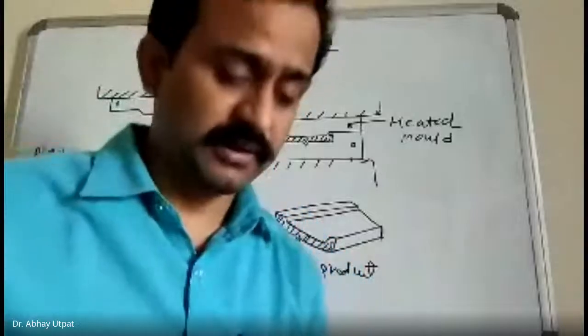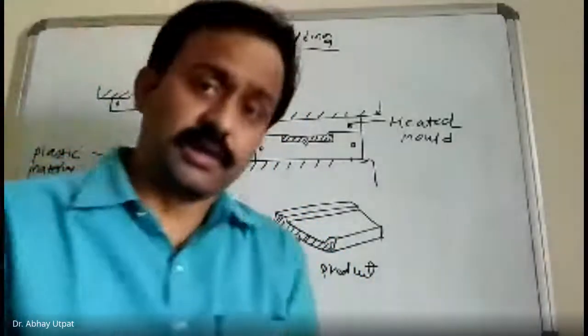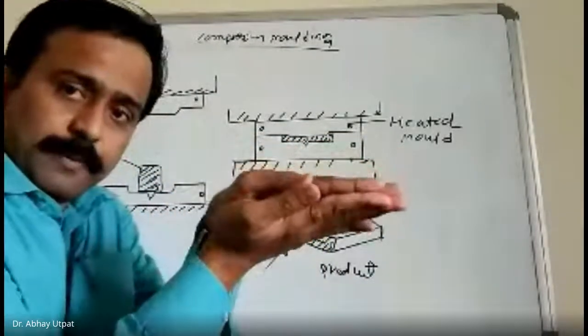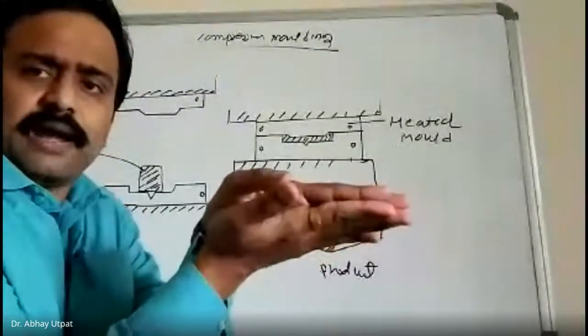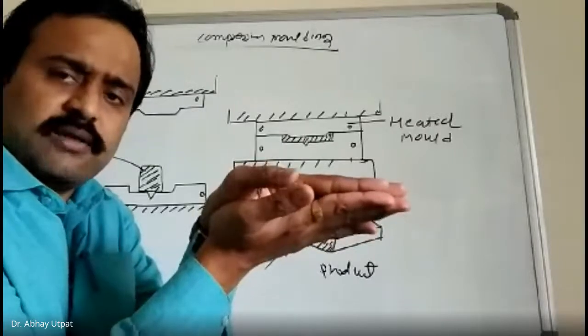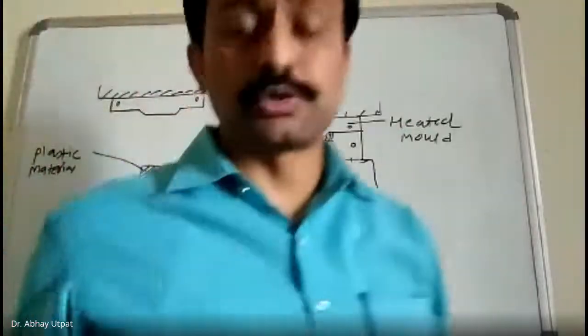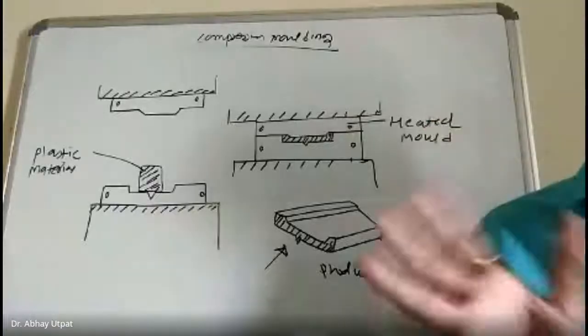So warping and distortion are a possibility in that process. Here, you are holding it for sufficient time, so there is no chance for warping. Components are tightly packed between the upper jaw and lower jaw, and once it gets cooled, you can remove it easily without warping and distortion. That is the important advantage of the compression molding process.